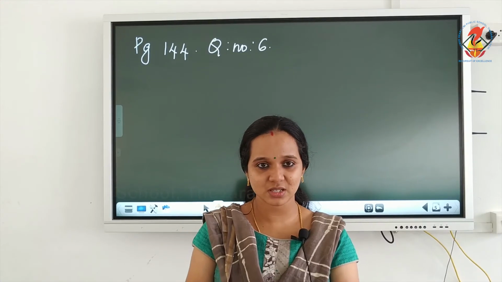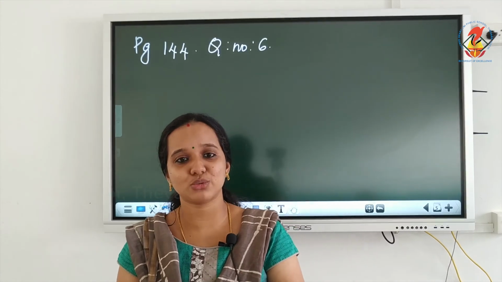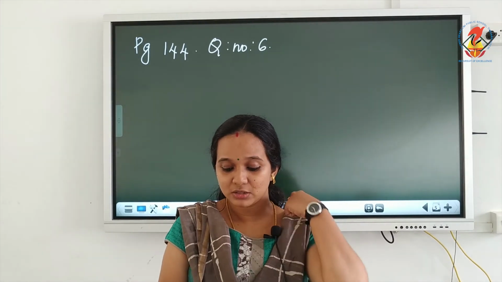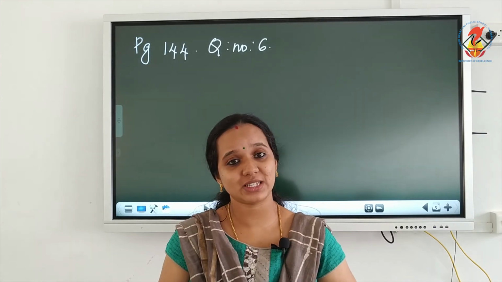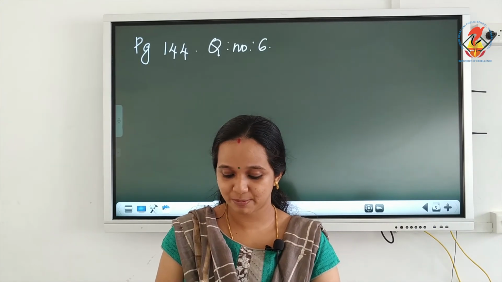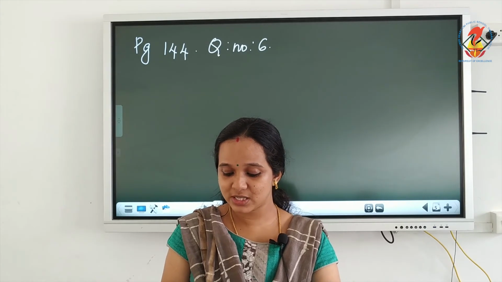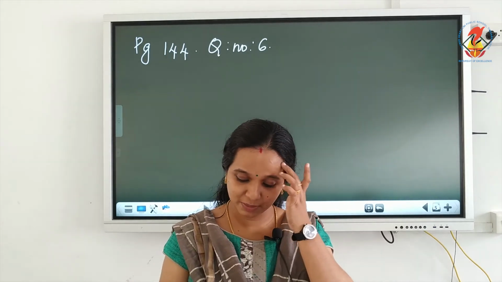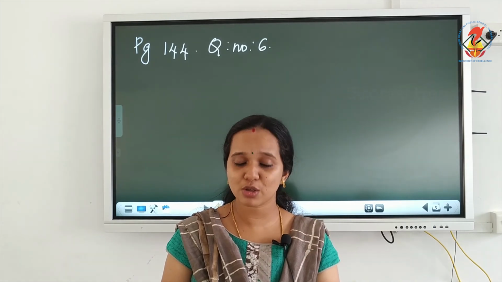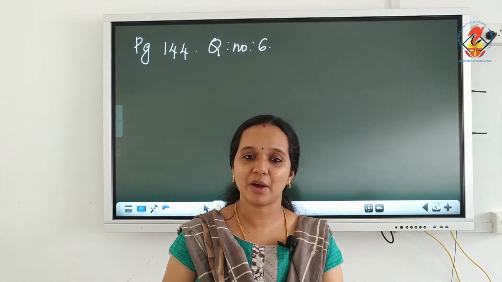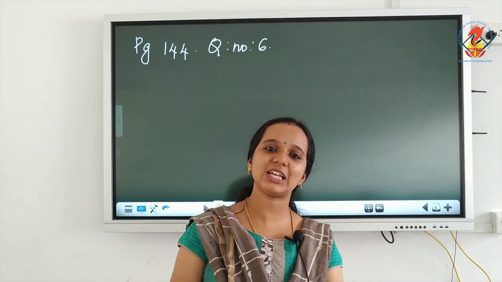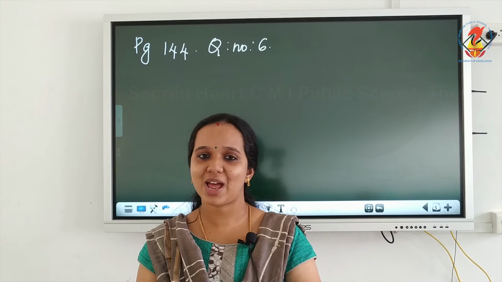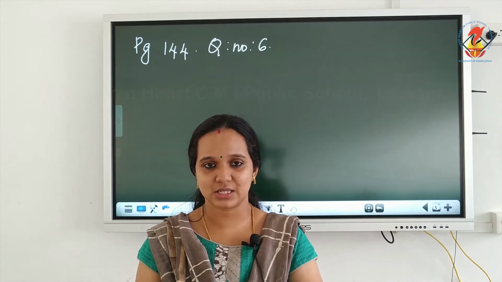What happens to the force between two objects if, subdivision 1, the mass of one object is doubled; subdivision 2, the distance between the objects is doubled and tripled; subdivision 3, the masses of both the objects are doubled. So, you need to find the change that happens to the force of gravitation in the three cases.